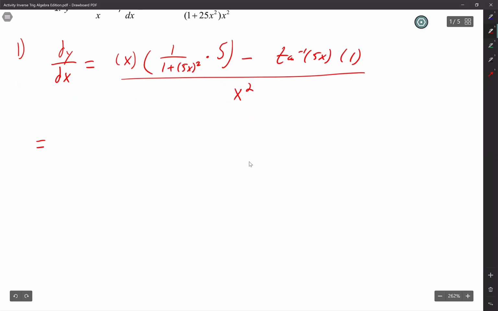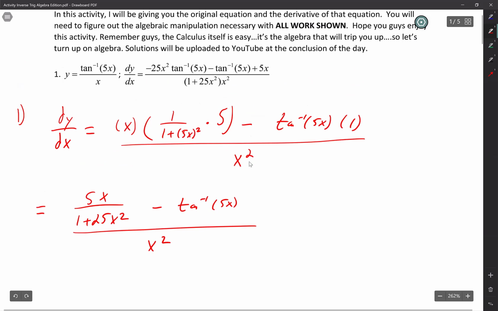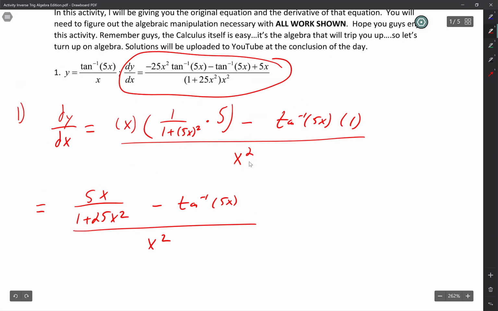So now I'm going to go ahead and do some algebra here. I'm just going to simplify this right here that I got. So let's see, we have 5x over 1 plus 25x squared minus arctan of 5x, and all this is over x squared. And when I look at what they don't have that. So I need to get a common denominator in the numerator, if that makes sense.